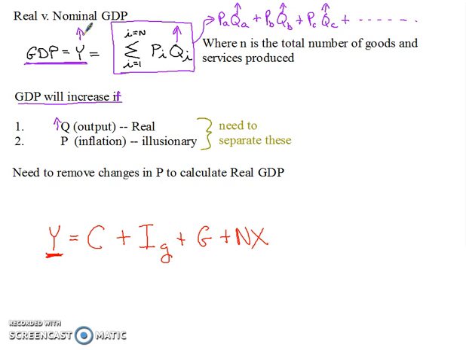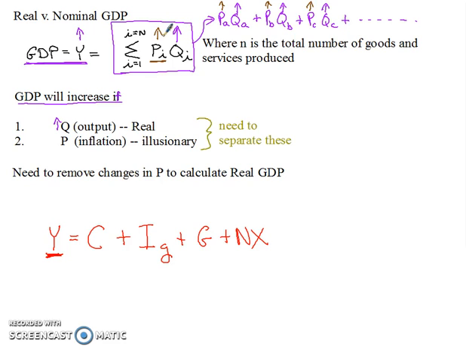And that's obvious. If we produce more stuff, then the GDP should go up because, well, we produced more stuff. The problem happens when the output doesn't go up. Let's say Q doesn't go up. We produce the same number of apples, bananas, cars, etc. that we produced the previous year. Output doesn't change, but our measuring stick changes. The price of apples goes up. The price of bananas goes up. The price of cars goes up.